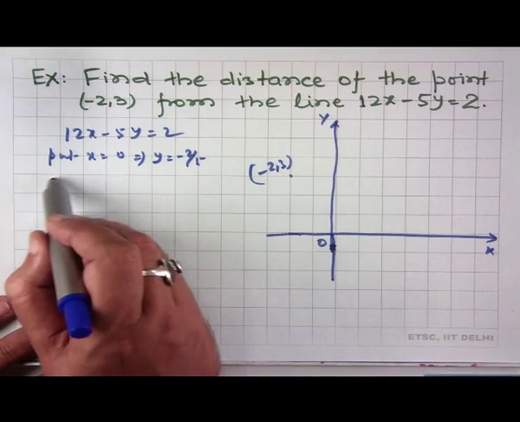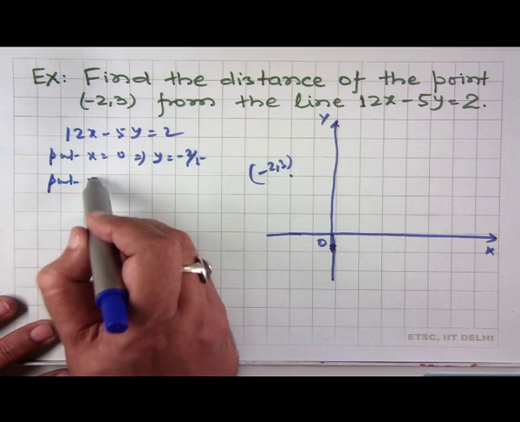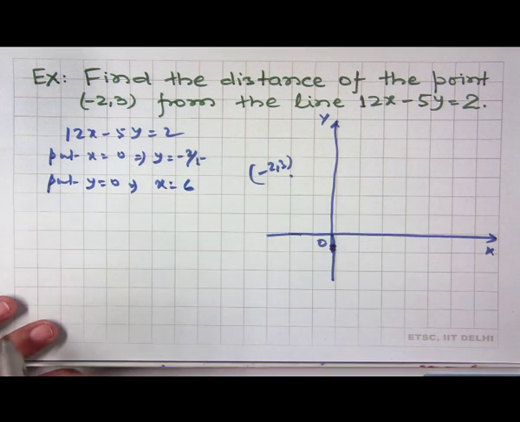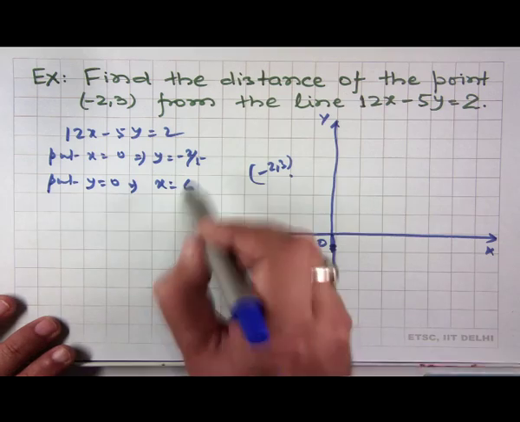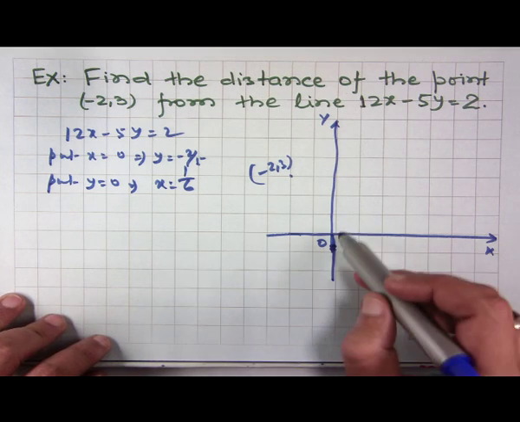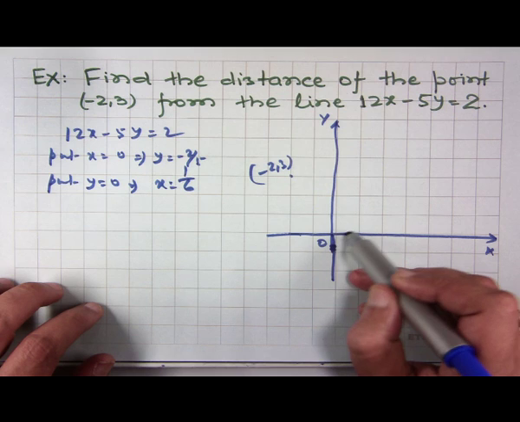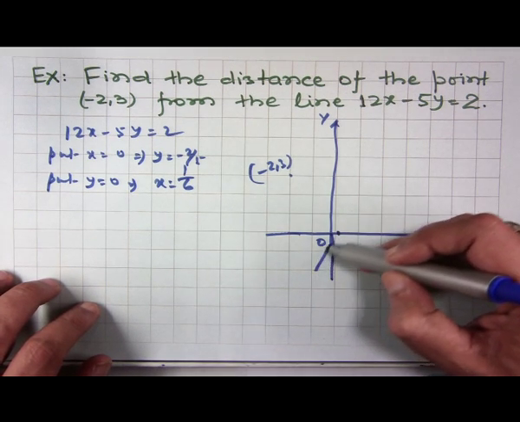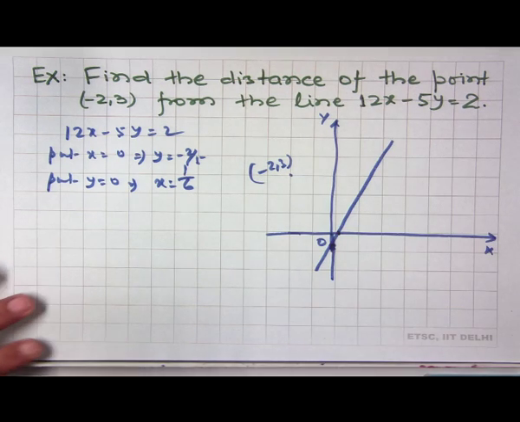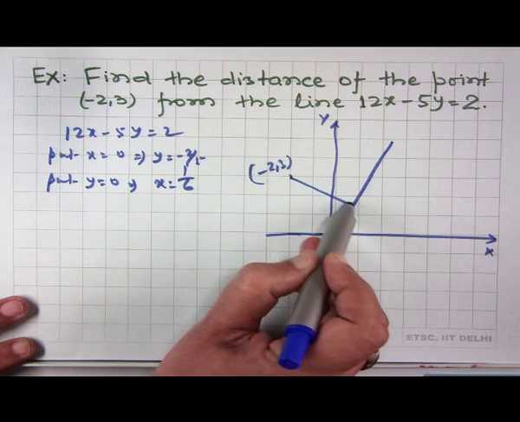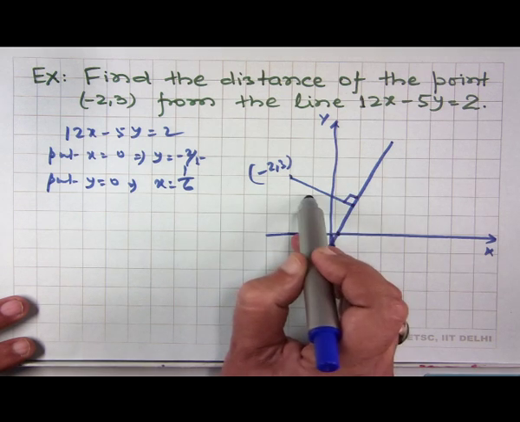And put y equal to 0, which implies x equal to 1 by 6. So this point is something here, and the line is passing like this. So, we have to find the distance of this point from this line, that is, this D.